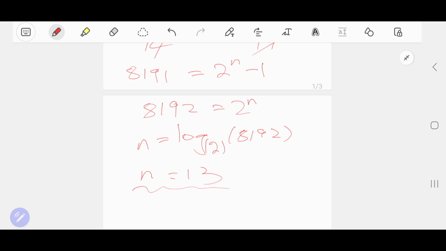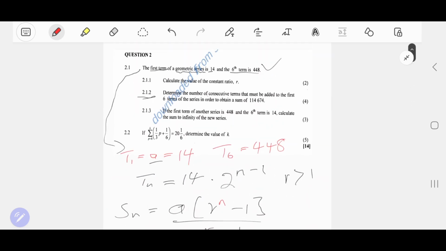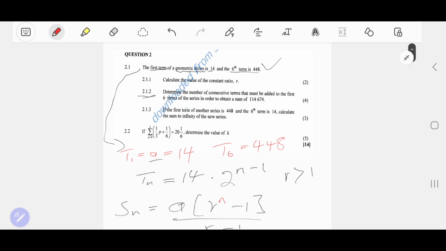But remember, this is the number that when you have added, includes those 6, 13 including those 6. Remember the question here, people. It asks us to determine the number that must be added to the first 6 terms in order to obtain this.